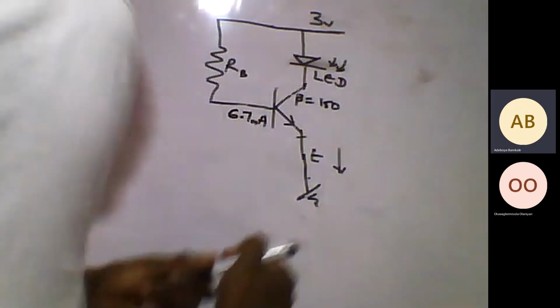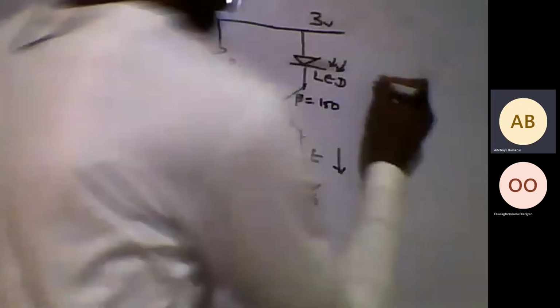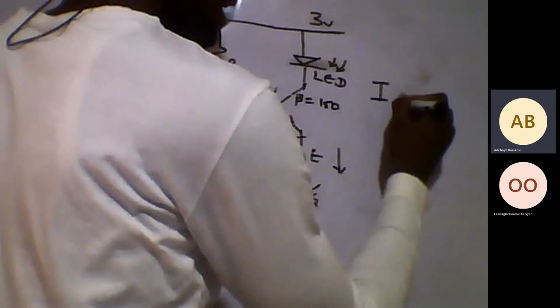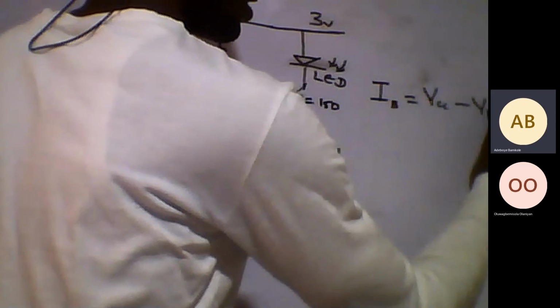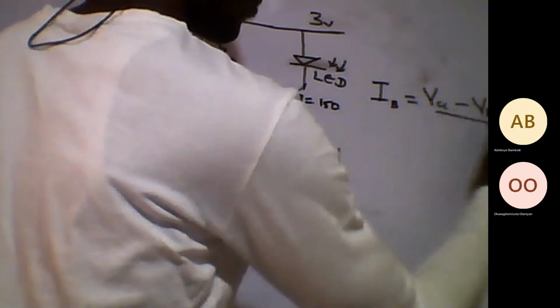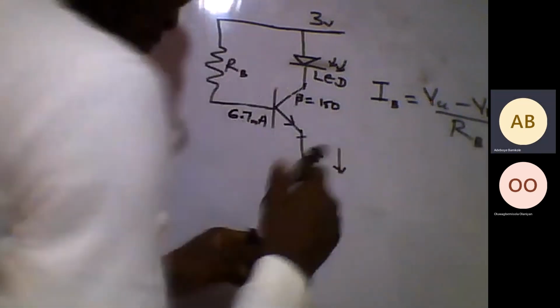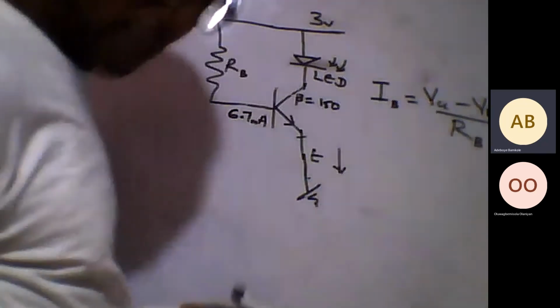I remember that formula they gave you in school and you wrote it down quickly without asking why. When they told you that IB equals VCC minus VBE over RB, can you remember?